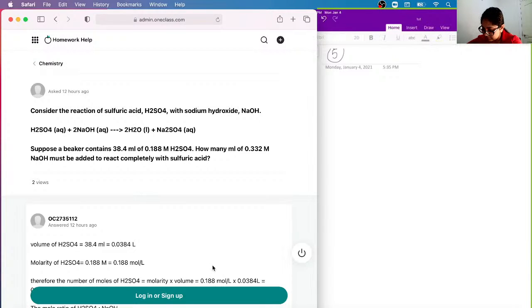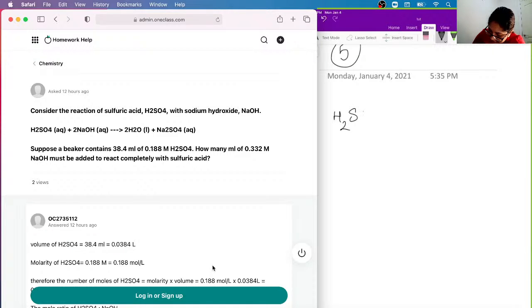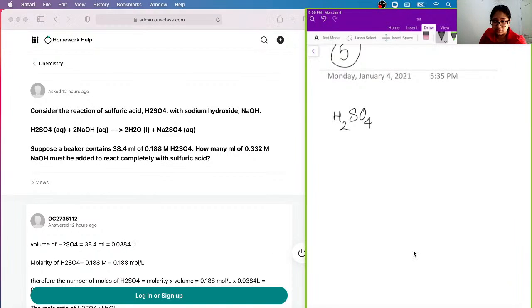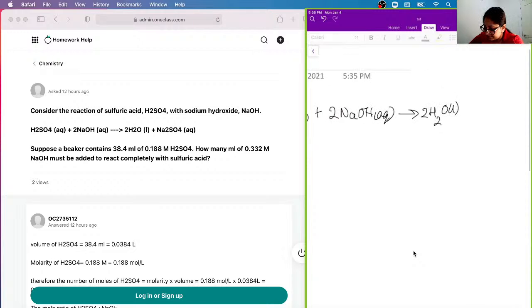So we're given the equation: H2SO4 aqueous plus 2NaOH aqueous reacts with, gives 2H2O liquid plus Na2SO4. Okay, so this is balanced.